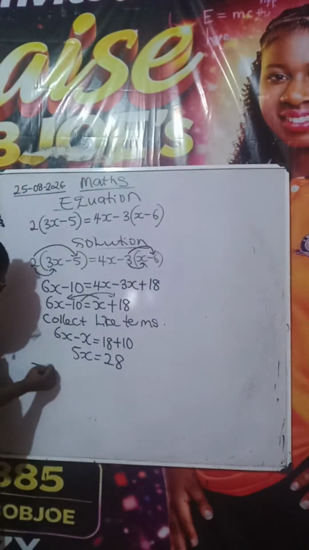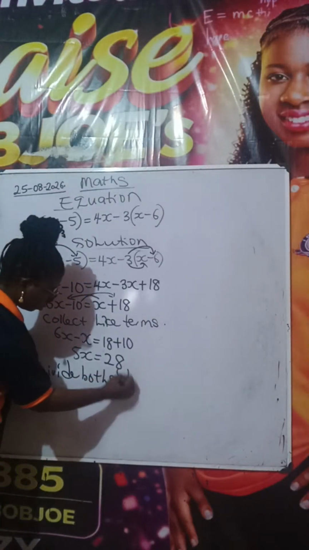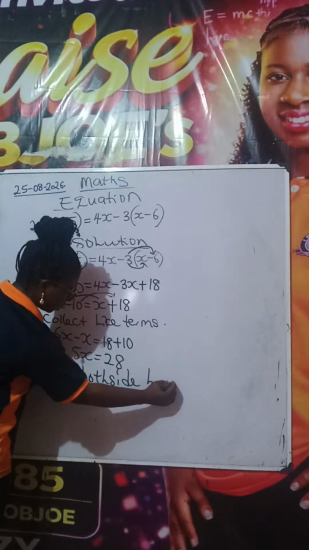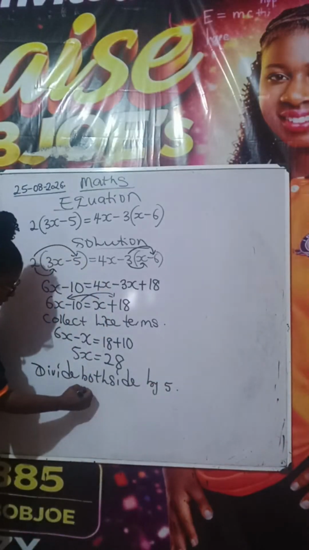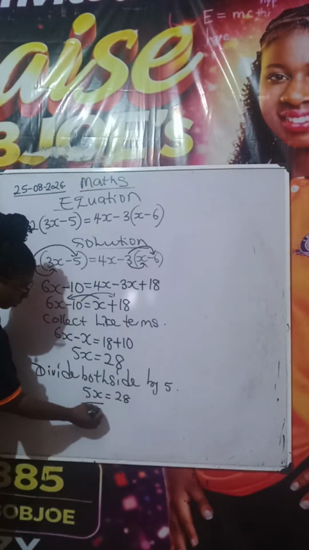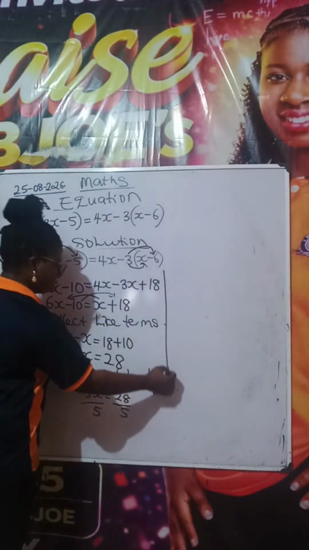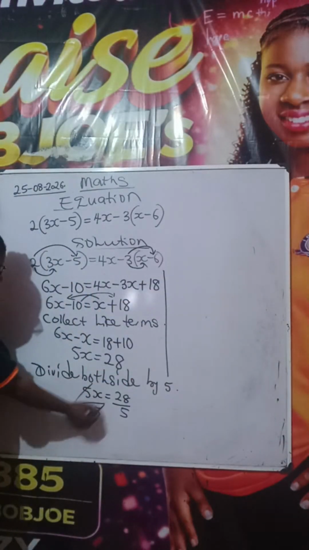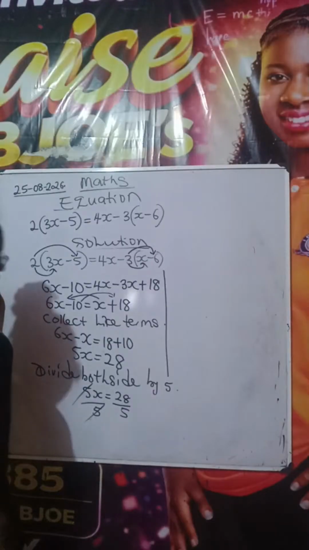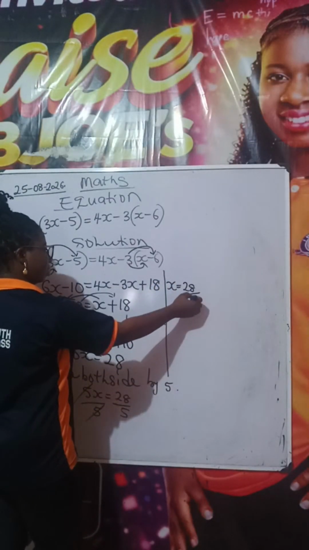So we divide both sides by 5. We have 5x equals to 28. Divide here by 5, divide here by 5. Okay, so we have this removed, and we have x equals to 28 over 5.